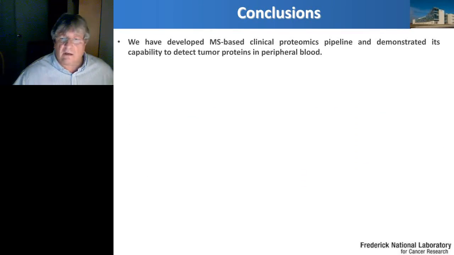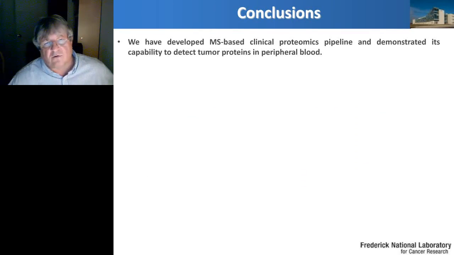So what I would like to conclude here. We have developed a mass spectrometry-based clinical proteomic pipeline and demonstrated its capability to detect tumor proteins in peripheral blood in our proof of principle study.